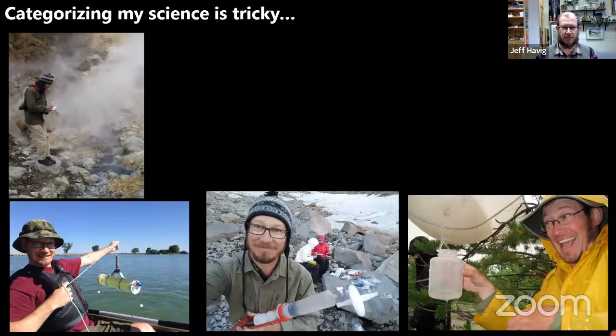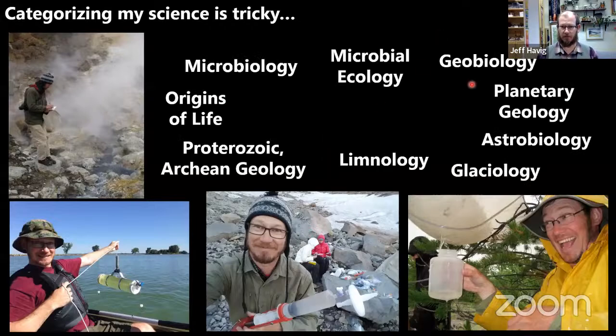And so because of the wide spectrum of the things I'm interested in, my science gets a little tricky to categorize. There we go. Sorry about that. So things I work on can fall into a wide range of different categories.